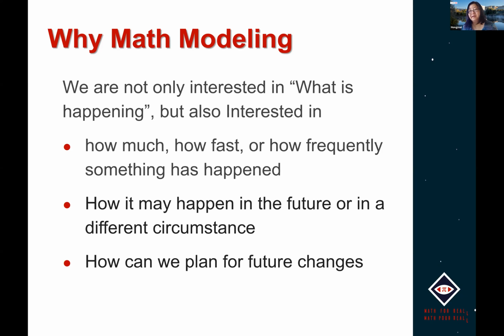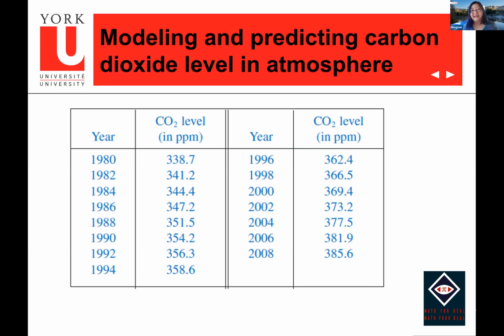I treat math modeling as a real problem solving skill. For instance, here is a table of the CO2 level in the atmosphere from 1980 to 2008. Here are the numbers that we collected.